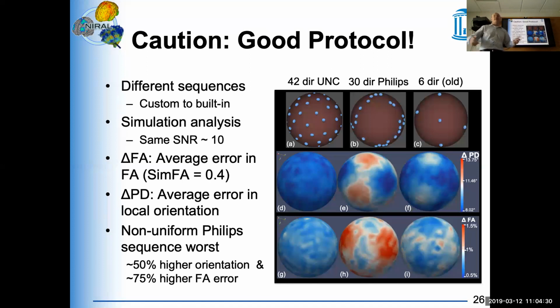So if you have, let's say, one set of subjects that have their head like this, versus another set of subjects that has it like this, you'll find a difference just because of that. So that's why you really want to make sure you don't have a non-uniform protocol.